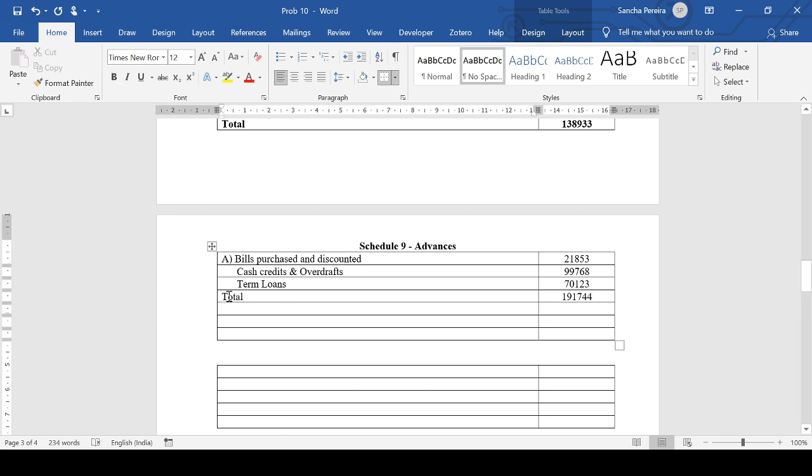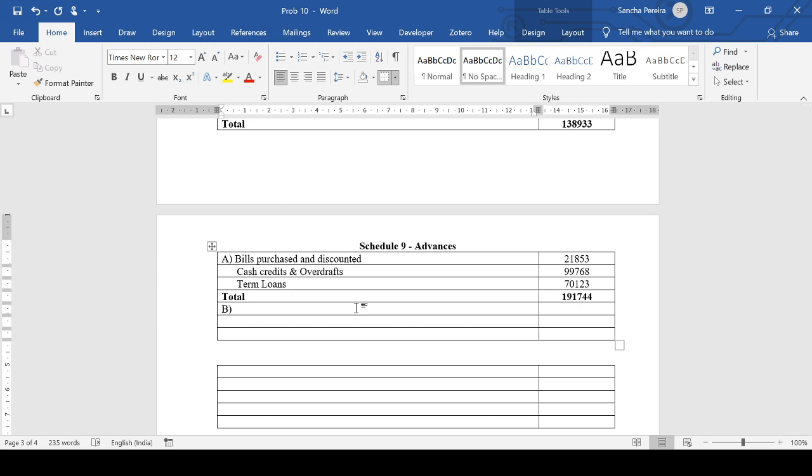Now, what they want is they have given us some information of this total, how much is to certain sectors, how much is secured, how much is unsecured. So that's what we are going to show next. The B part, now you'll have to look at the adjustments. Advances amounting to rupees so and so are secured. Those amounting to so and so are covered by bank guarantees, while the remaining advances are unsecured. So some are secured by tangible assets, some are secured by government guarantees, and the remaining are unsecured.